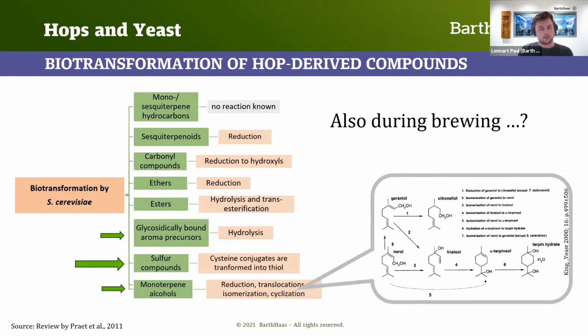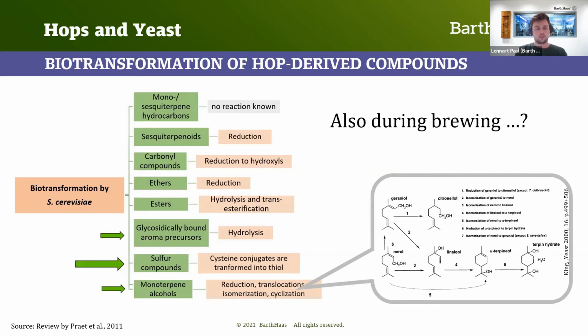As far as I know, there are no known reactions for the monoterpene hydrocarbons like myrcene, but for terpene ethers, there can be some reduction pathways for biotransformation, and for esters, hydrolysis and trans-esterification are possible.